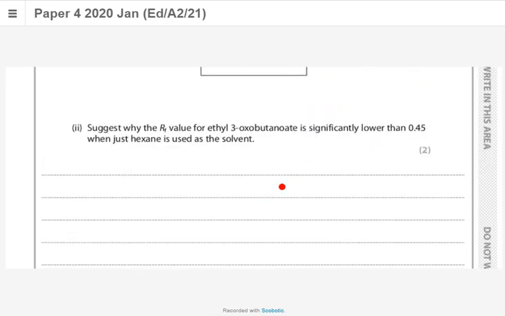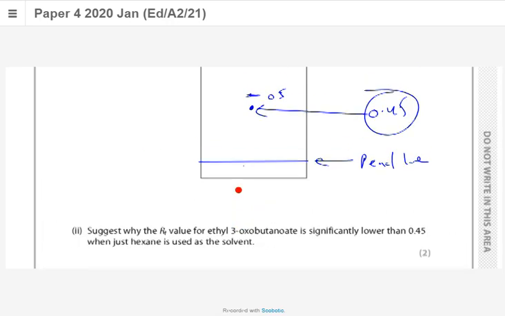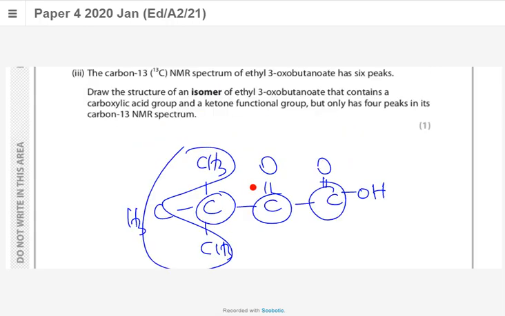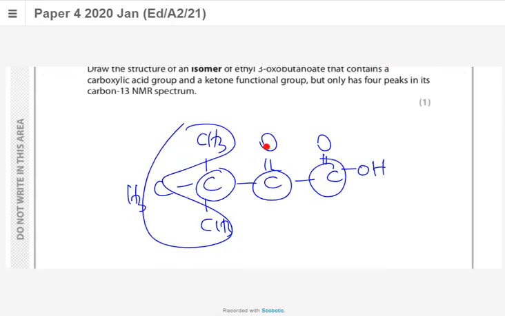So that is why the Rf value for ethyl 3-oxobutanoate is significantly lower than 0.45 if hexane is used as a solvent. Now this compound has polar as well as non-polar groups. The polar groups will dissolve in the polar solvent ethoxyethane, and non-polar groups will dissolve only in the non-polar solvent hexane.